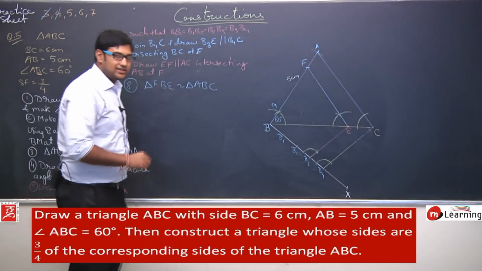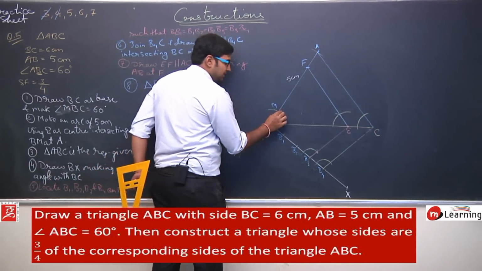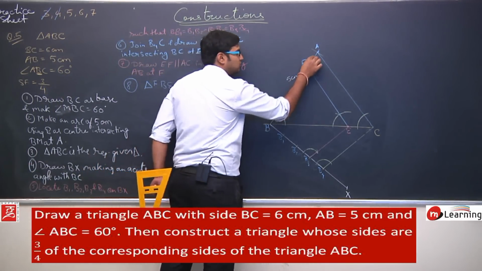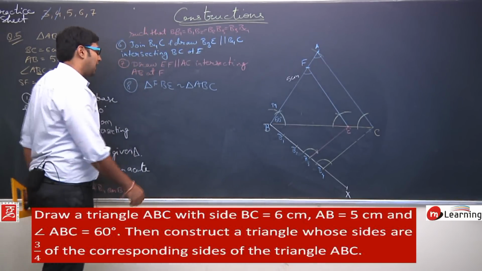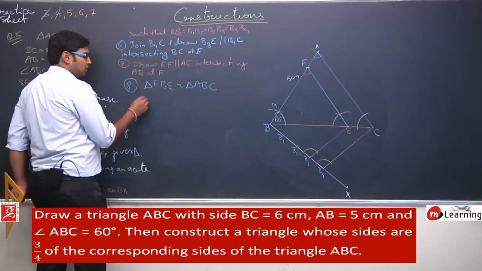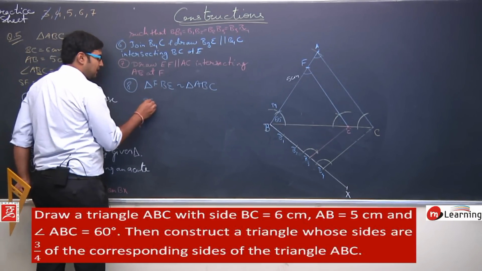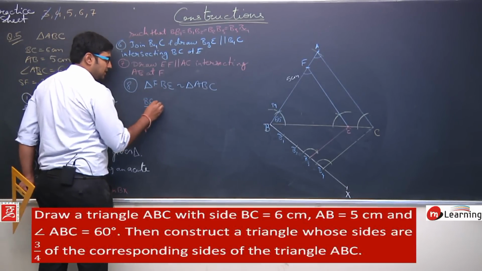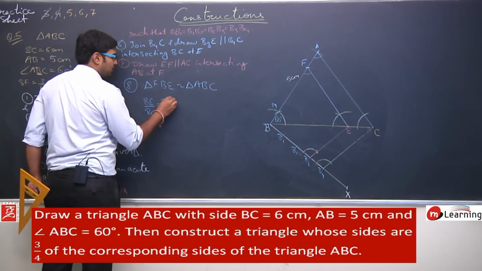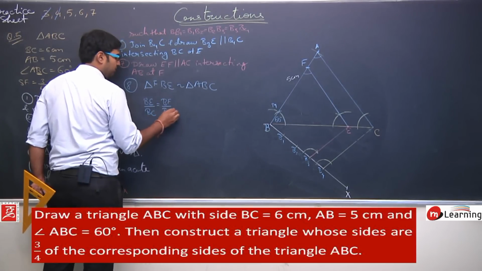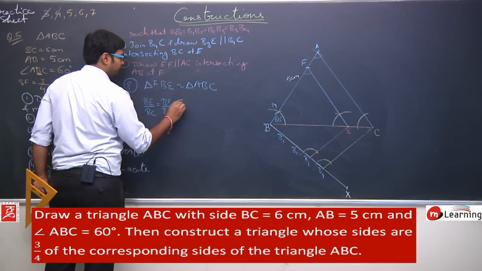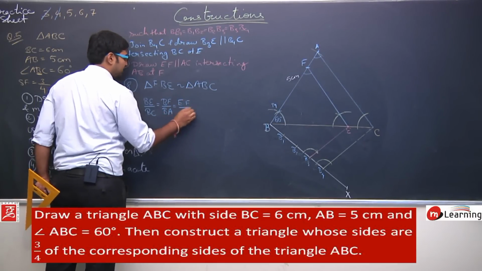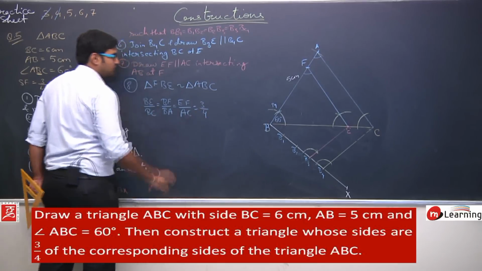Now why are the two triangles similar? It's because this angle is a common angle and these two angles are corresponding angles, as I told you previously. Since they are similar, BE upon BC is equal to BF upon BA is equal to EF upon AC, which is equal to 3 by 4.